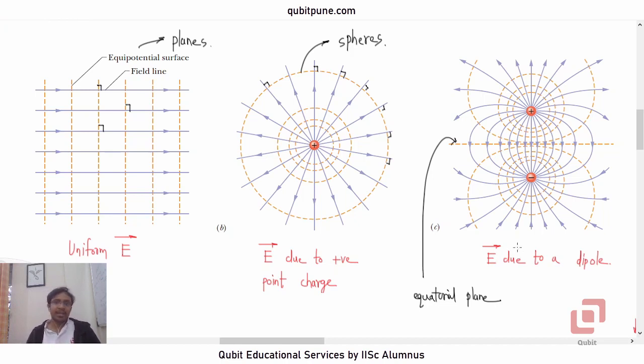Every other equipotential surface will be curved. We don't have its mathematical treatment, but keep in mind that the electric field, no matter in what situation, will always be normal to the equipotential surfaces. Is that clear?